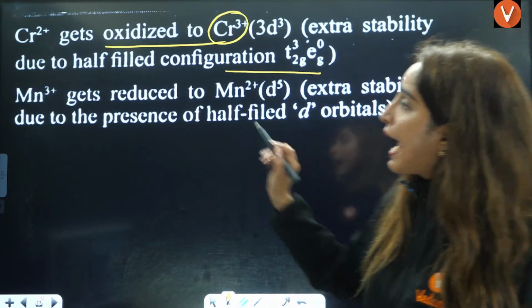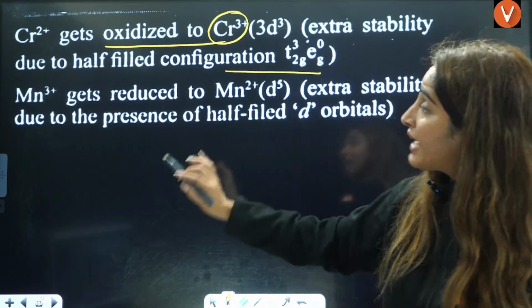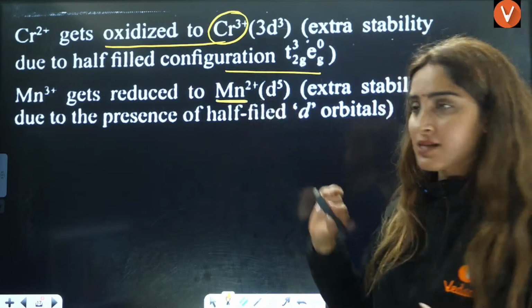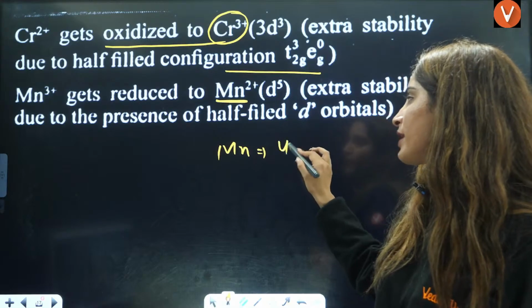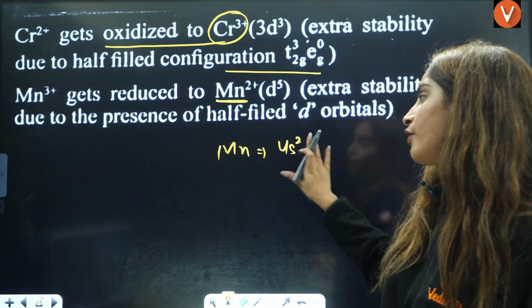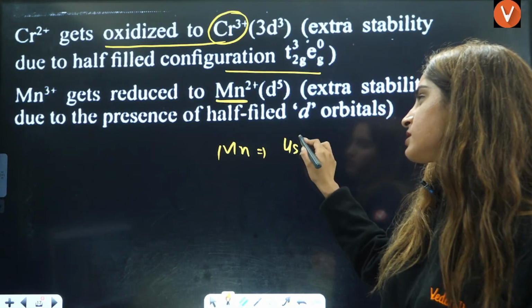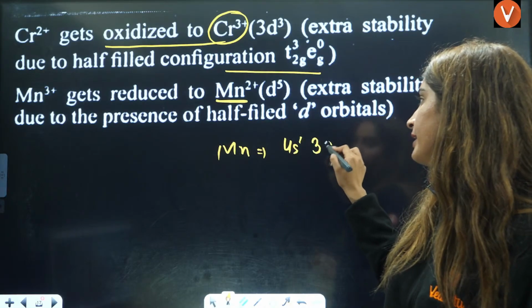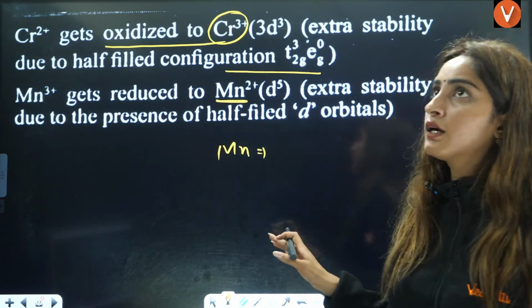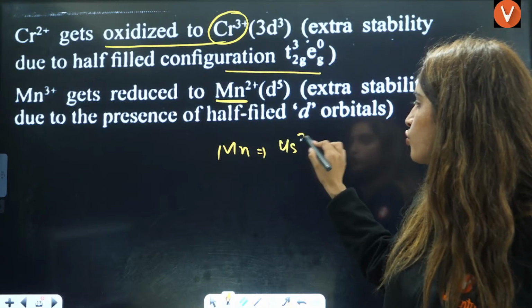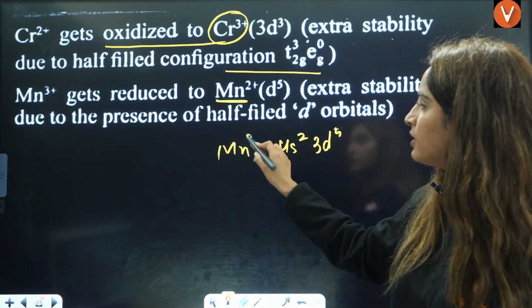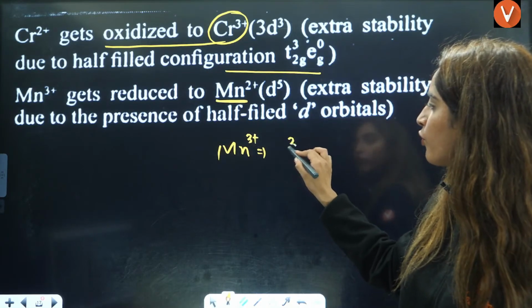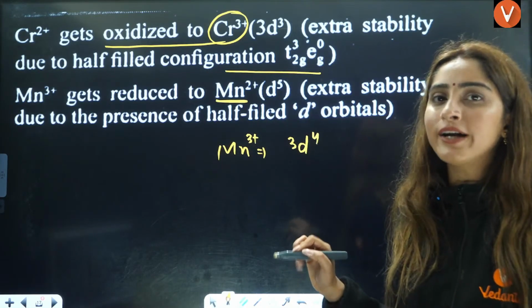Next, Mn3+ gets reduced to Mn2+, right? Manganese is 4s2 3d5, right? You lose 3 electrons here, that will be 3d4. Now 3d4 is not at all stable.